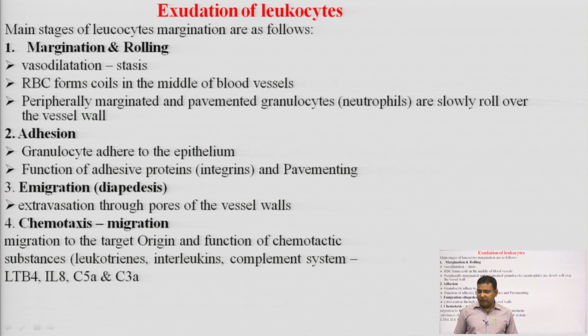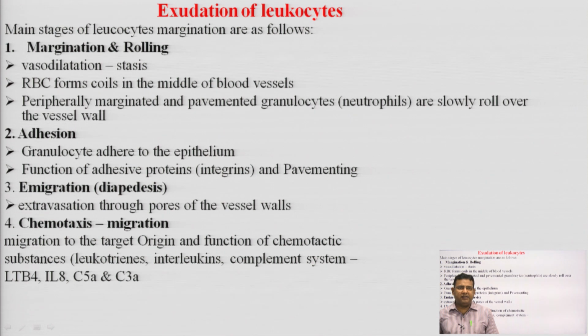Next come to the exudation of leukocytes. Main stages of leukocyte margination are as follows: margination and rolling. In this stage vasodilation and stasis occur, RBCs form coils in the middle of blood vessels. Peripherally, marginated granulocytes, these are neutrophils, slowly roll over the vessel wall.